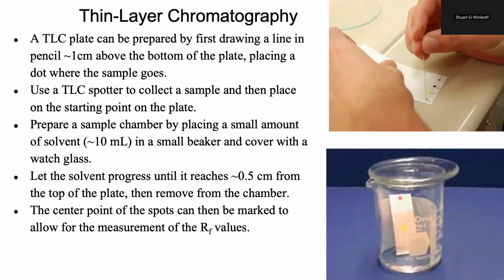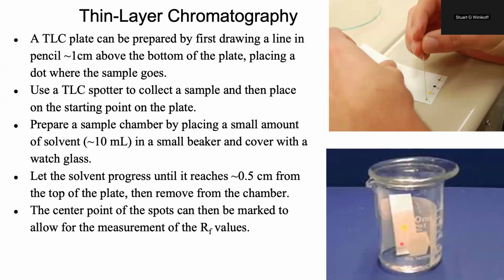Once you remove this plate, use the pencil to mark exactly how far the solvent front moved, and then mark the center points of each of your pigments. That way you can measure each of your RF values.